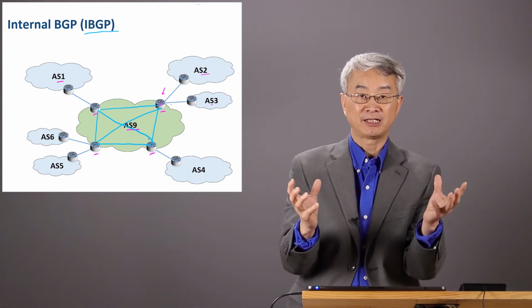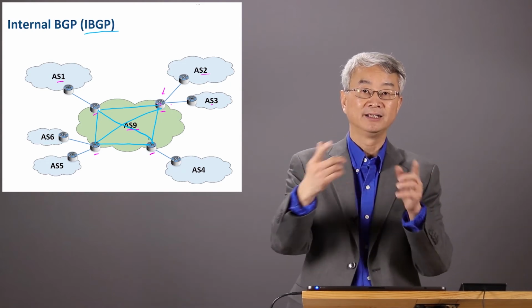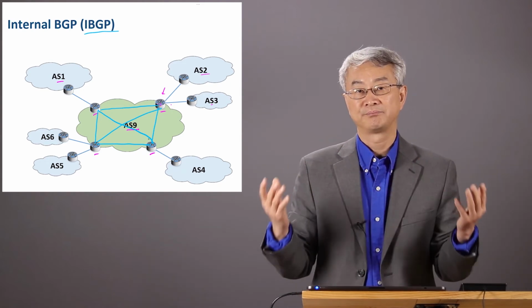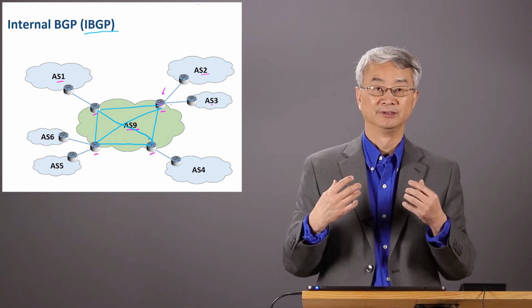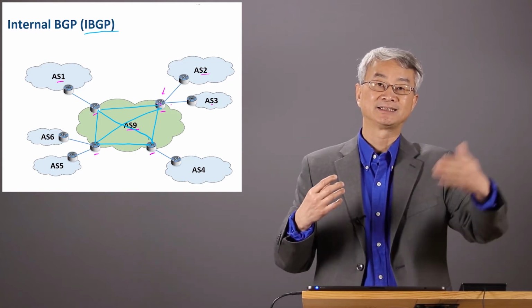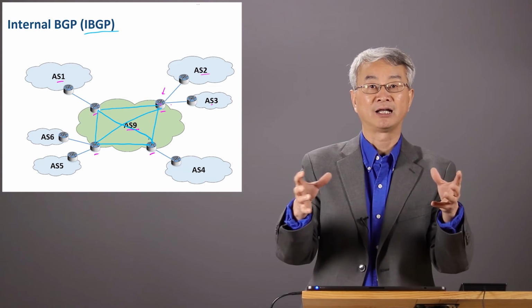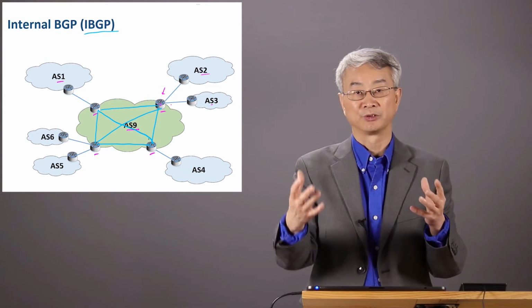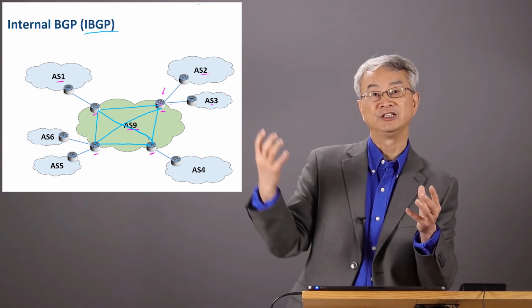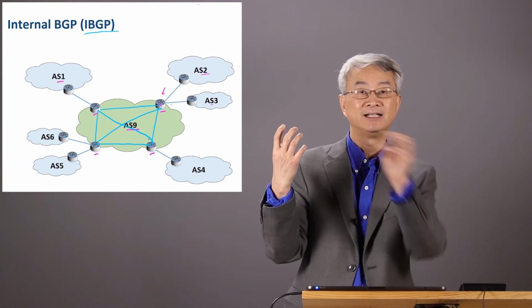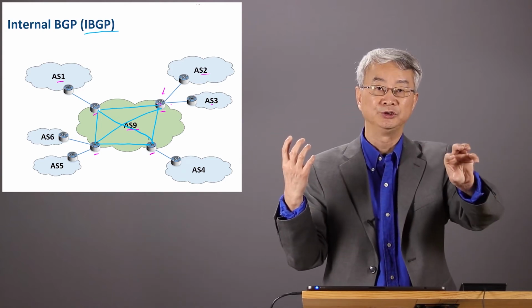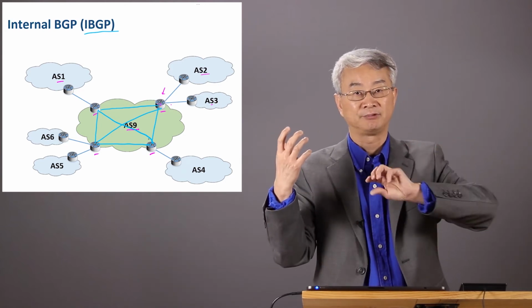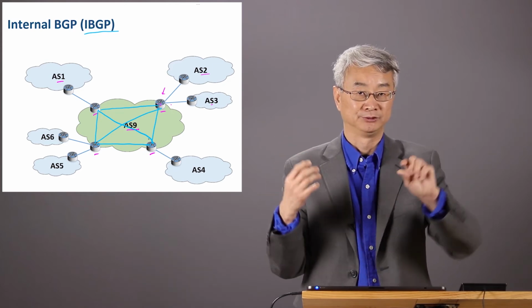But if I disseminate internally to my internal peers, I'm not going to add this number. Okay, so when they actually send this out, they're going to add this number, but I am not going to add this number because we are internal. I'm just forwarding whatever information I receive from this end. I am going to forward that to you. Of course, I select the best one to forward to you. I don't forward everything to you.